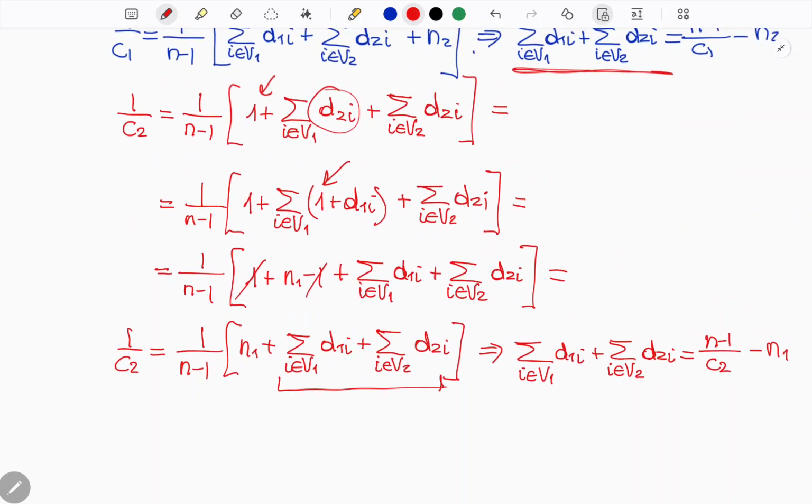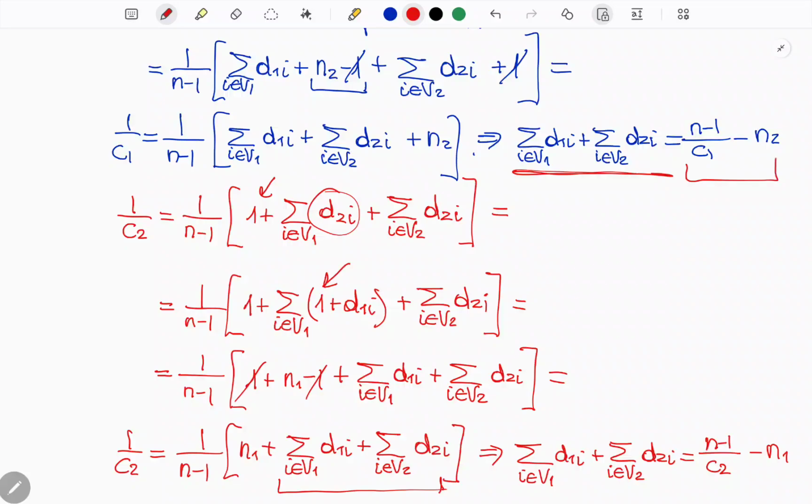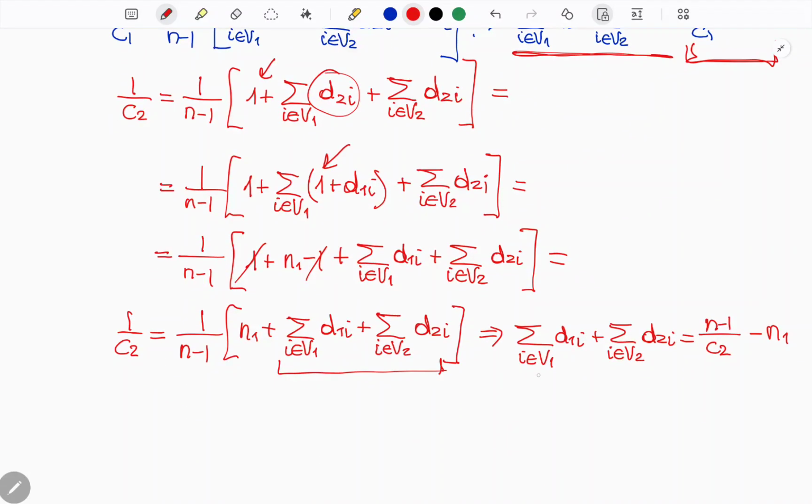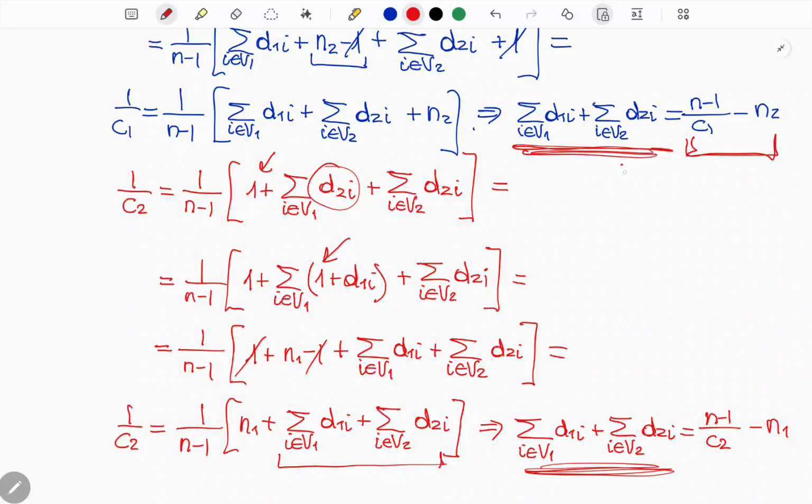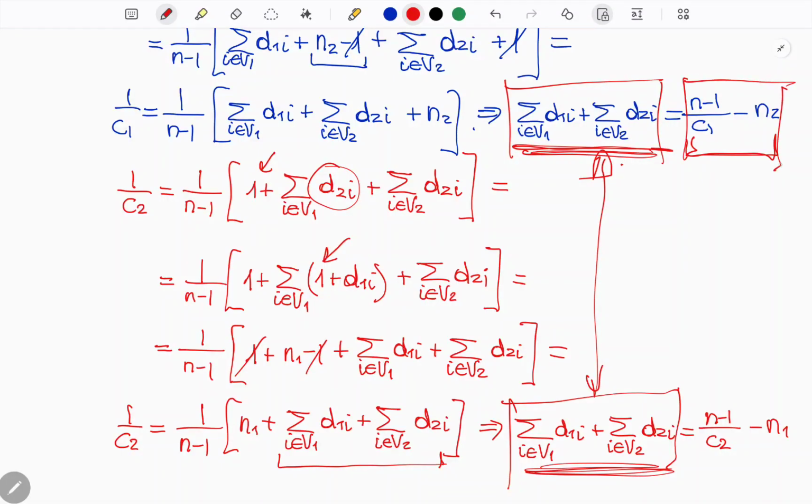So this is the final result. Since these two parts are the same, then obviously the other two parts must be the same. So what we find is that n minus 1 divided by C1 minus n2 is equal to n minus 1 divided by C2 minus n1.